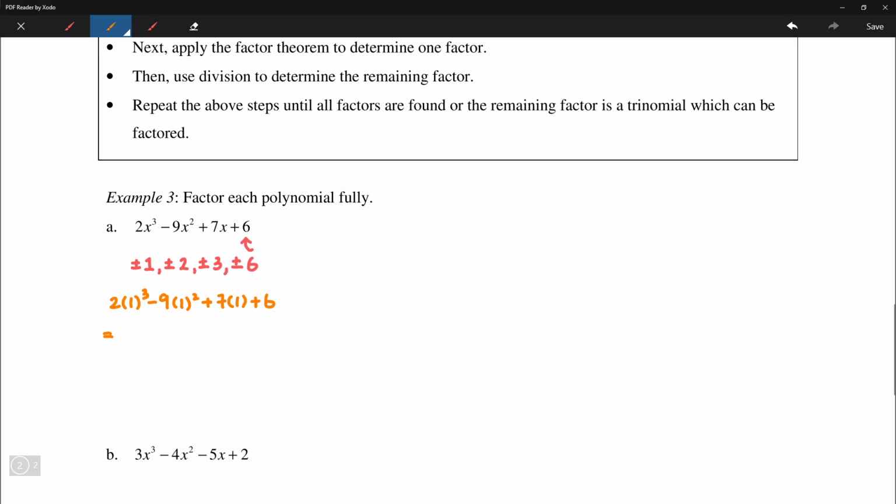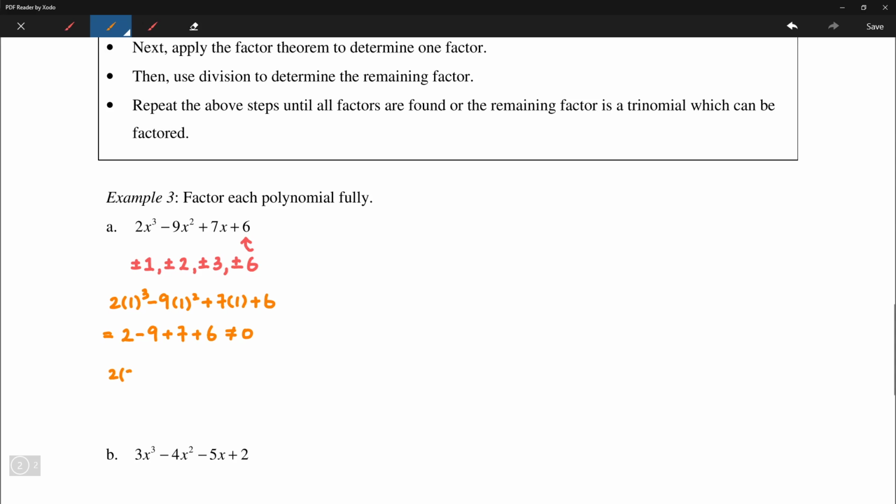So that will give us 2 minus 9 plus 7 plus 6. So that is not 0. Okay. As long as it's not 0, we don't really need to determine what the number is. The number in this case is 6, and 6 is not 0. So let's move on to, for example, let's try 2.